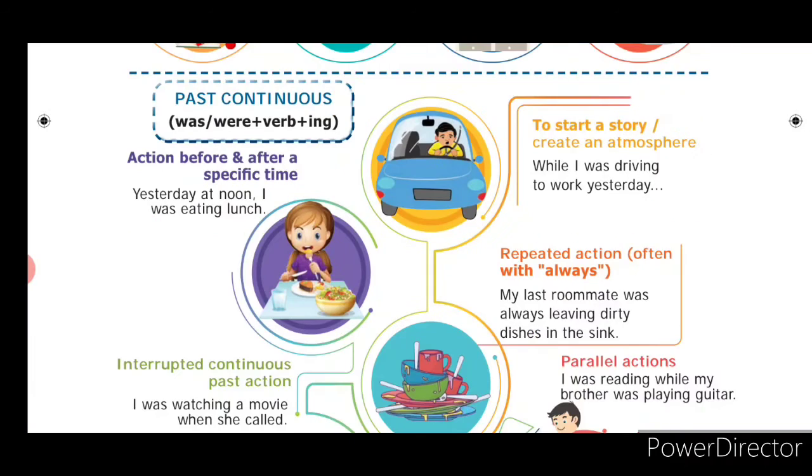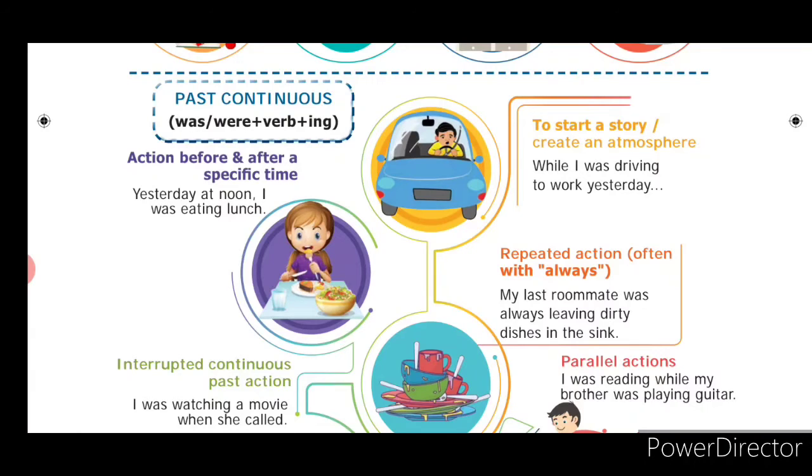Okay, what is the use of past continuous tense? Past continuous tense is used for an action that was going on at a certain time in the past. Okay, so which is happening at a certain time in the past. That is, it may be unfinished work or an ongoing action in the past.